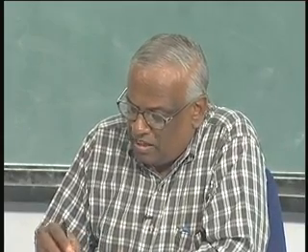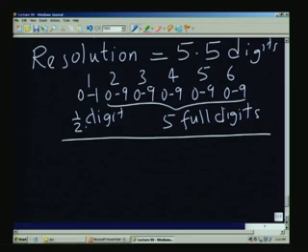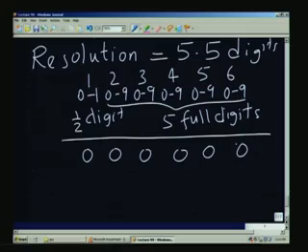So, the resolution of the instrument, you can see now, if I represent the output in the form of a 6-digit number, 1, 2, 3, 4, 5, there are 6 digits. Of course, the first is a half digit, that means it can go only from 0 to 1. I can have a minimum, this is 0.